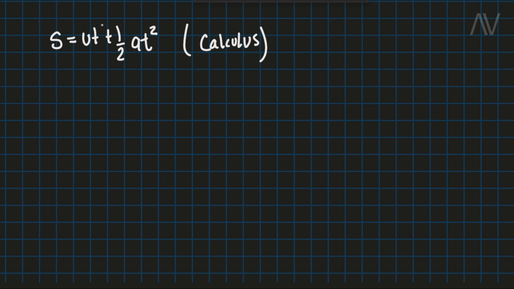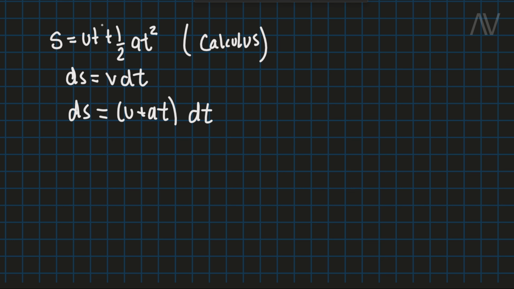Now let us derive the second equation of motion by calculus. We know that ds is equal to v dt, so ds is equal to (u plus at) into dt. At time t equal to 0, suppose s is also equal to 0.